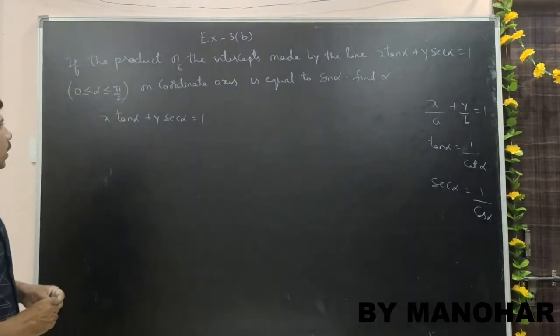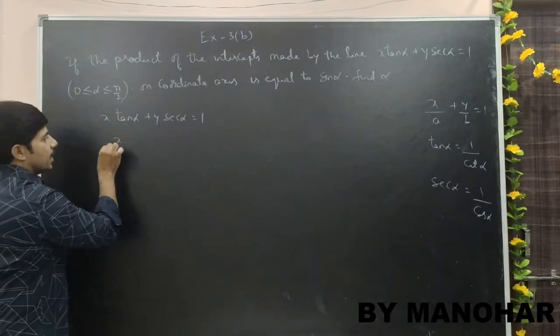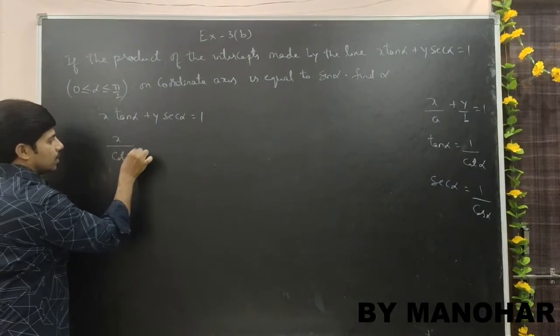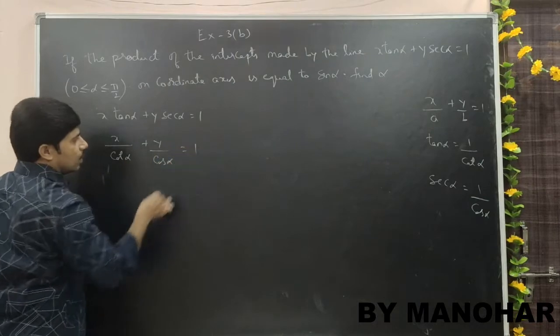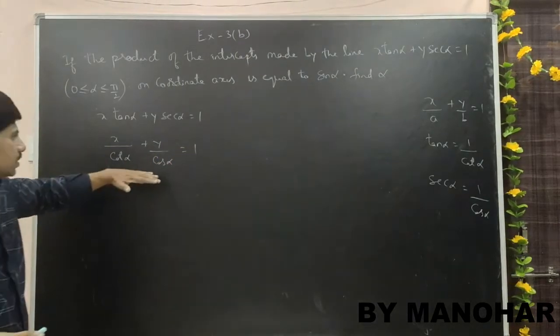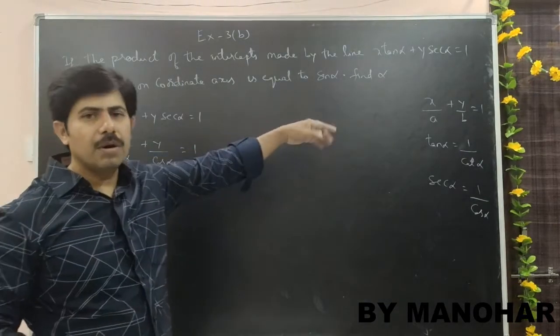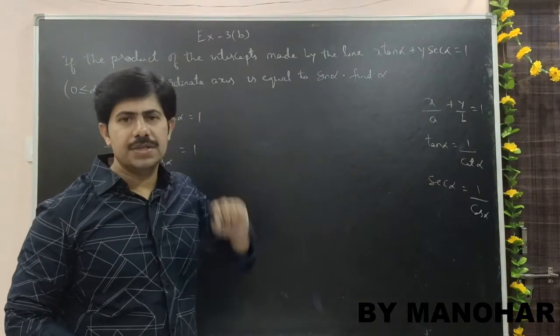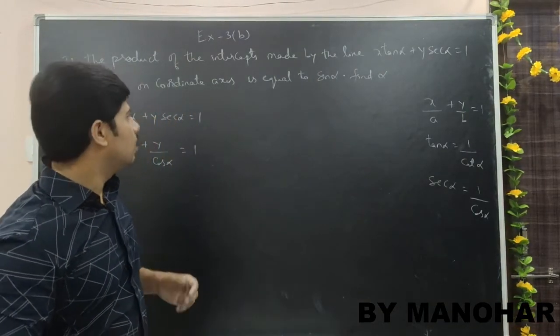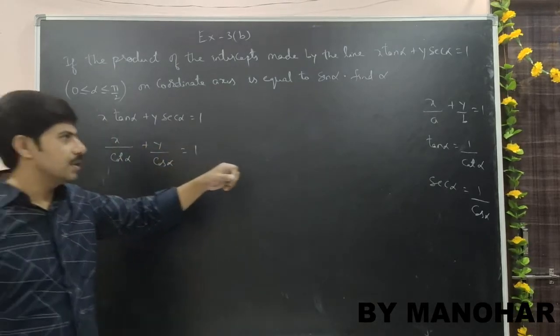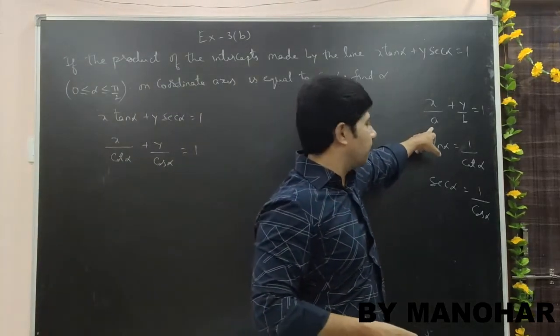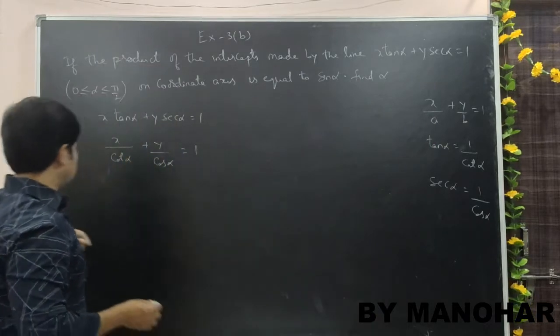So what I'll do is I'll just write it as x by cot alpha plus y by cos alpha is equal to 1. Now this is clearly in the form of x by a plus y by b is equal to 1. So now the x-intercept, compare with that, x-intercept is a, the denominator of x. So here what is a value?